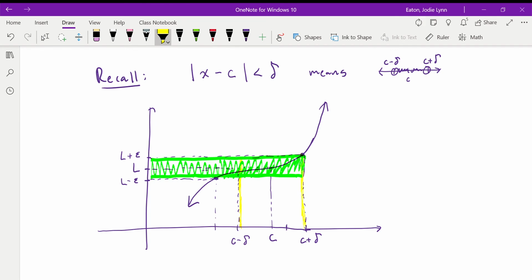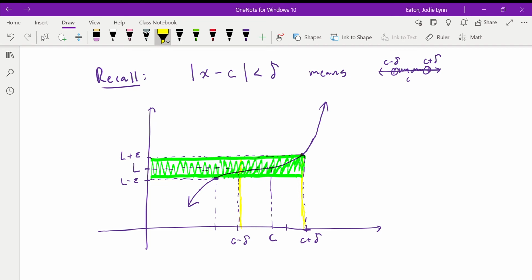So this is an illustration of one epsilon and finding one delta that goes along with that epsilon. The definition of a limit says not only does this work for one epsilon, it has to work for any epsilon you pick.